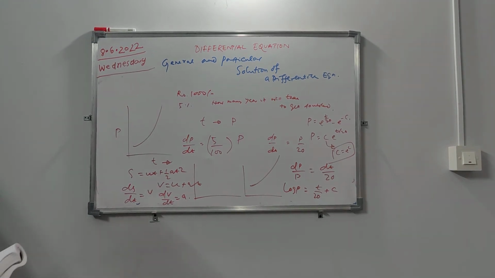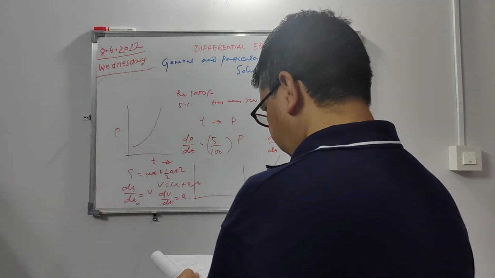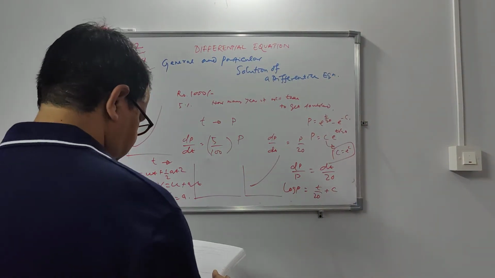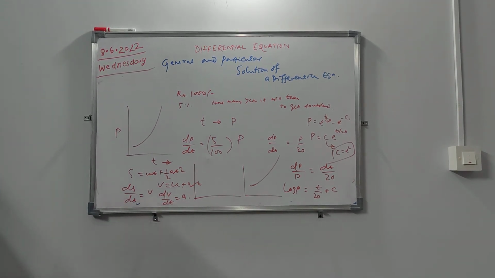When t is equal to 0, p is equal to 1000.